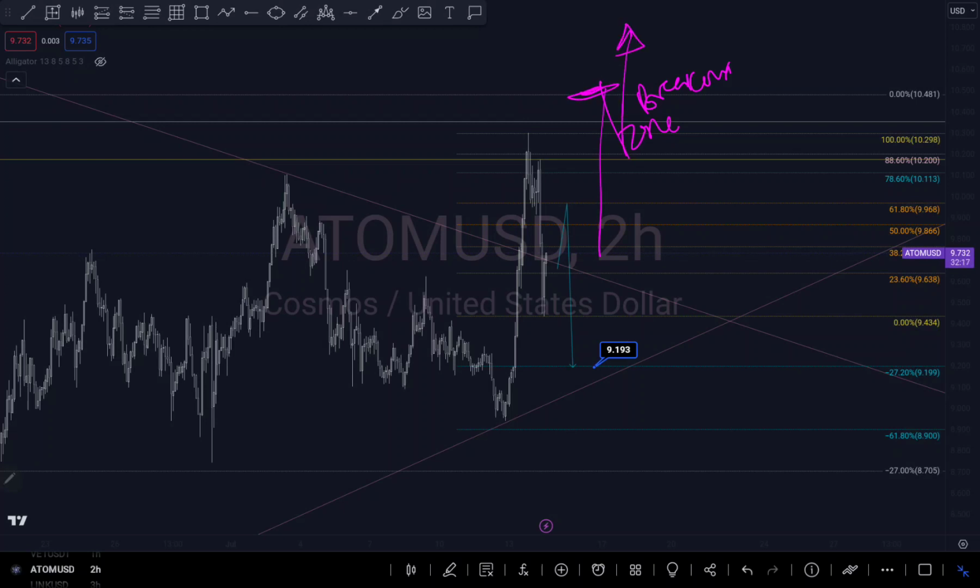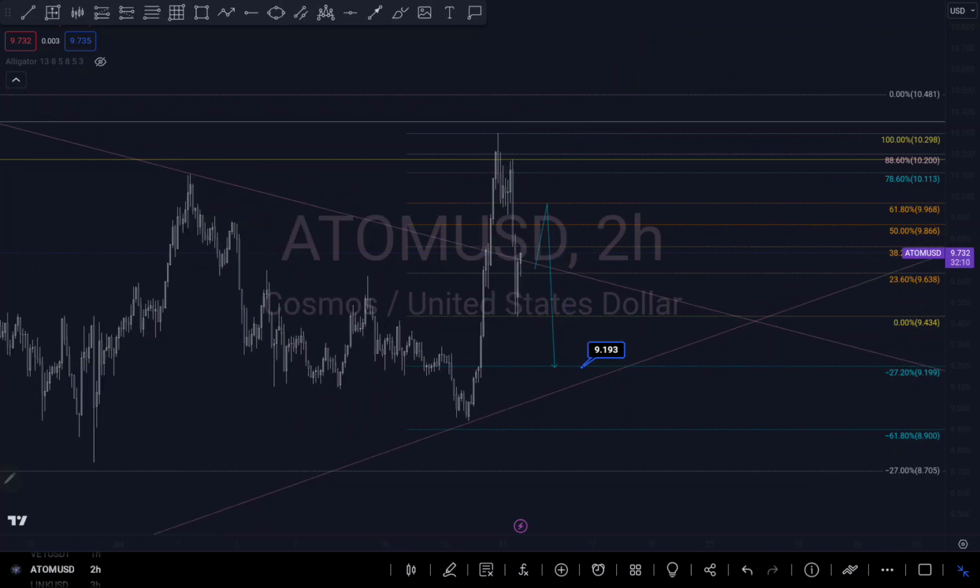If it closes above the zone, then there's a possibility it might continue to push to the upside. But like I said, I think there might be a little bit of a short bearish move before we know what next, depending on the data we have at that moment.